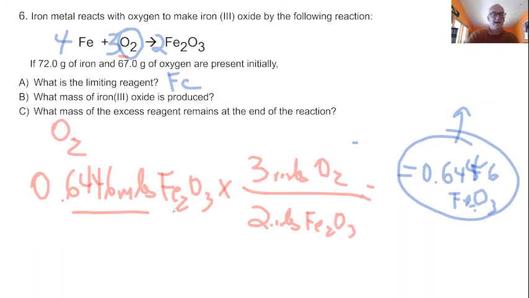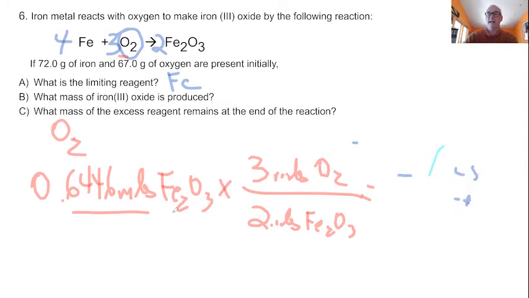That tells me how many moles of oxygen were consumed. Not that are left, but were consumed. Because that's how much oxygen it takes to make that much product. So how much oxygen was actually consumed? 0.9669 moles of O2. That's how much was consumed.